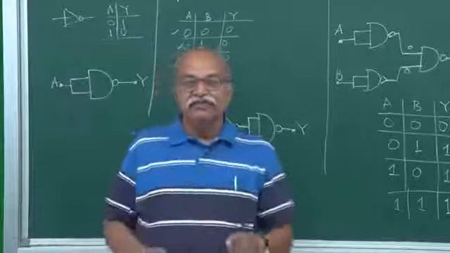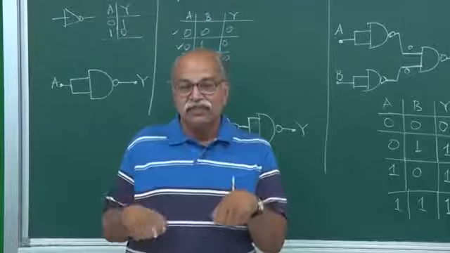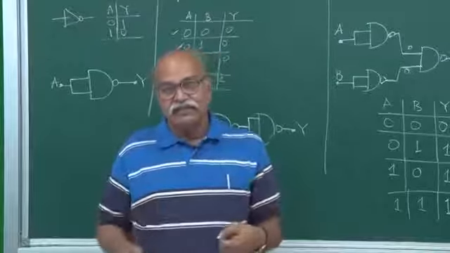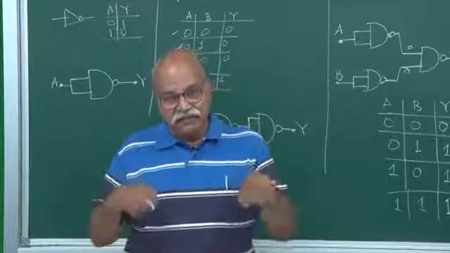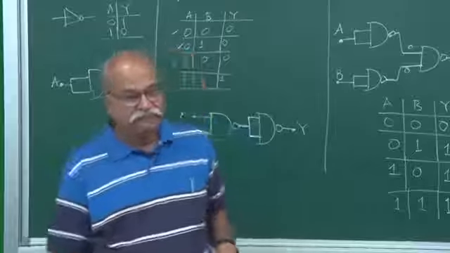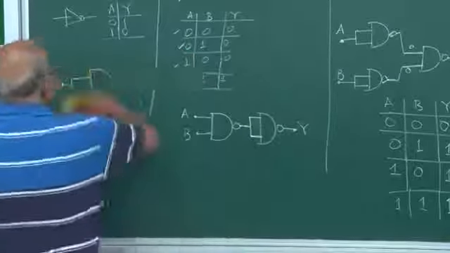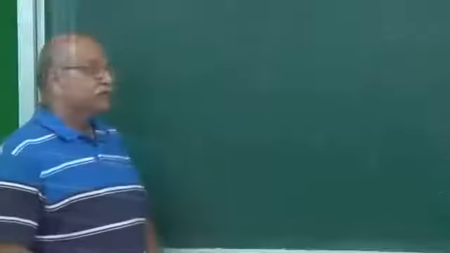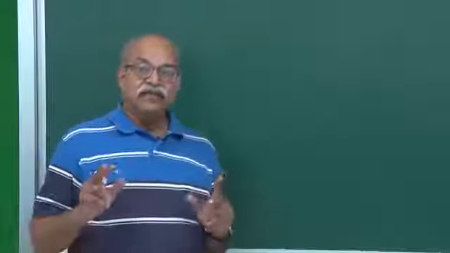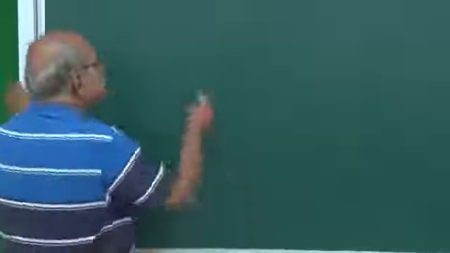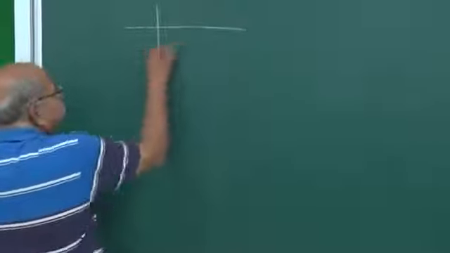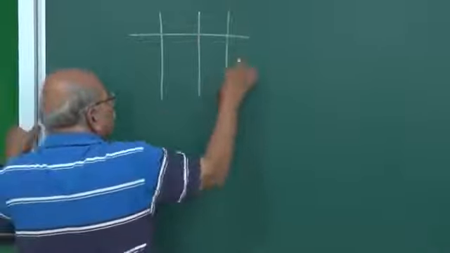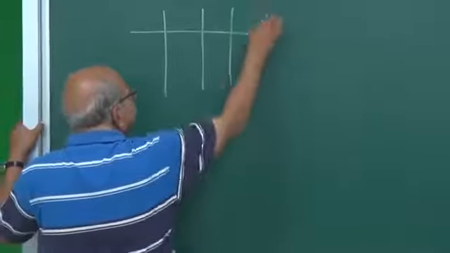So, today I will be trying to tell you the circuit which can be used for adding binary numbers. Okay. So, let me first draw the truth table and then see what kind of circuit will give those outputs. When you add two binary digits, you have two output results.